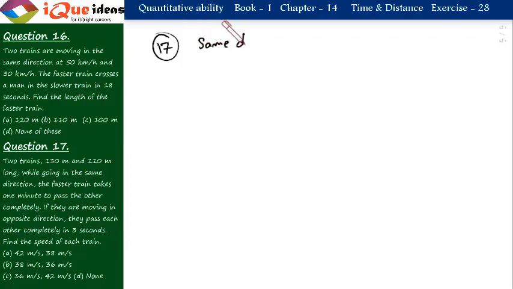Okay, so I'll write it like this: for the same direction, time taken would be equal to the length of the faster train plus the length of the slower train divided by the speed of the faster train, let's say S1, minus the speed of the slower train.